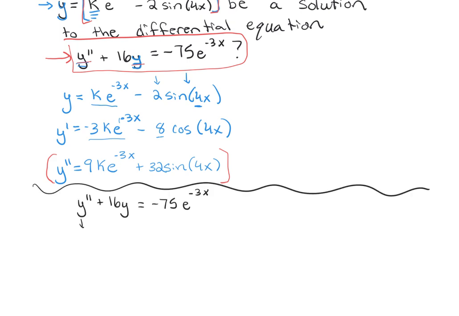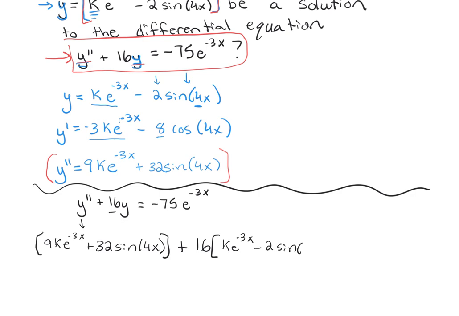All right, so instead of y double prime, I will put in 9k e to the negative 3x plus 32 sine of 4x, and now plus 16 times y, and y is k e to the negative 3x minus 2 sine of 4x equals negative 75 e to the negative 3x.